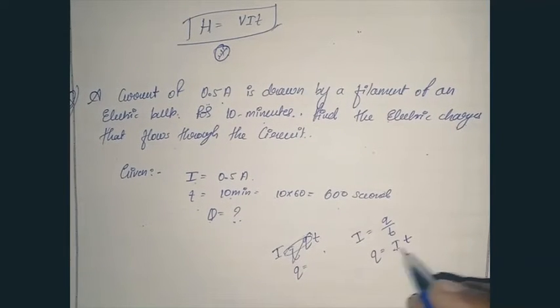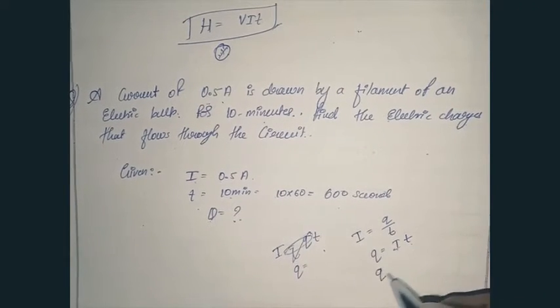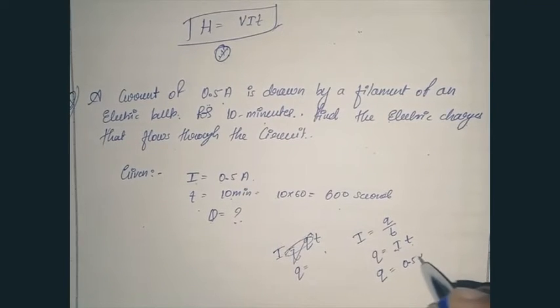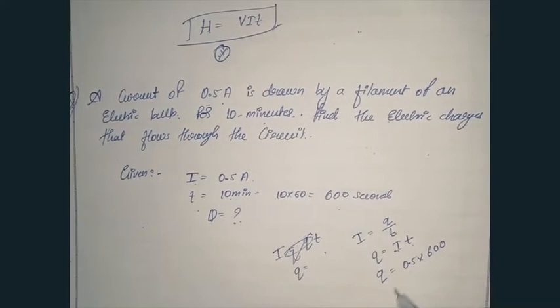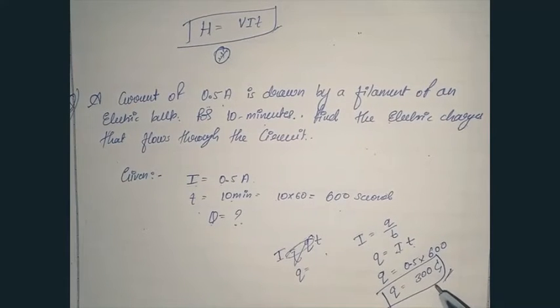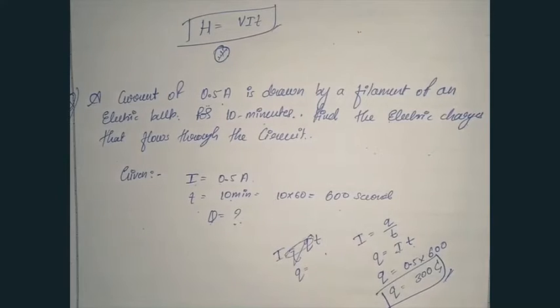They have given I, and we know T also, so Q is equal to 0.5 into 600, which is Q is equal to 300 coulomb, where coulomb is the unit of charge. Very simple. This was a question for 2 marks, so you can solve it easily.